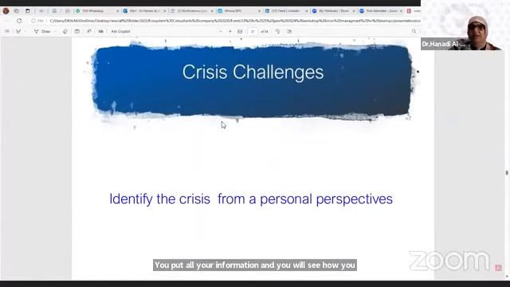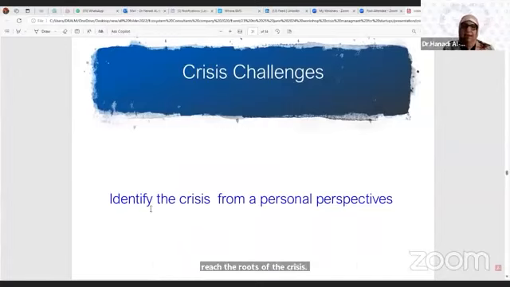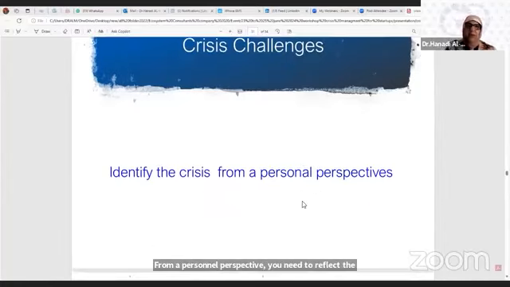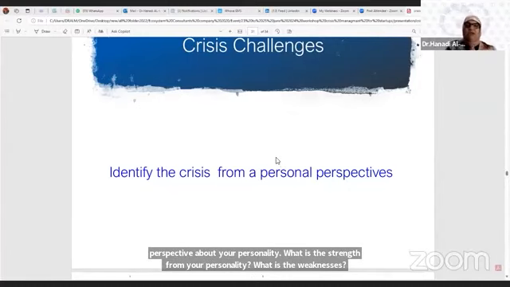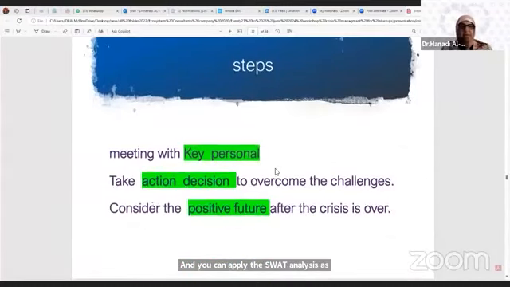The crisis challenges: we will identify the crisis from a personal perspective. You need to reflect on your personality. What are the strengths of your personality, what are the weaknesses, and you can apply the SWOT analysis as a strategy about yourself.